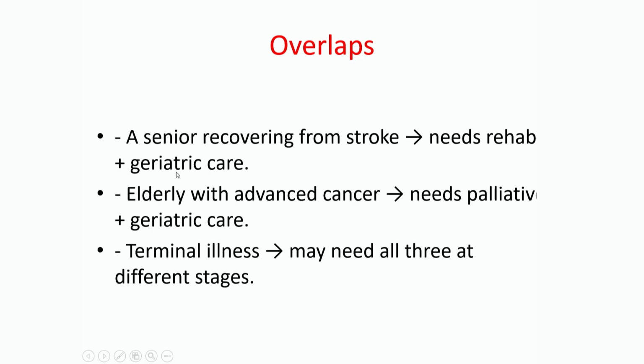An elderly person with advanced cancer needs palliative care plus geriatric care, because he is elderly and has cancer. So cancer is taken care of by palliative care and old age by geriatric care. And the terminally ill may need all three things: rehabilitation, geriatrics, and palliative care. So this is the difference. I wanted to tell you with an example.